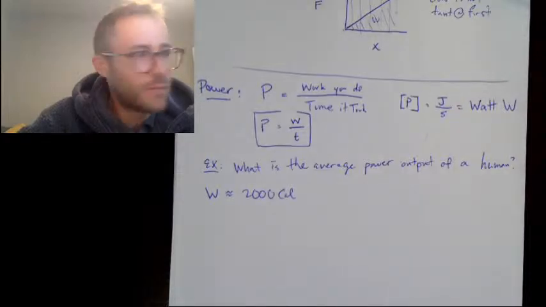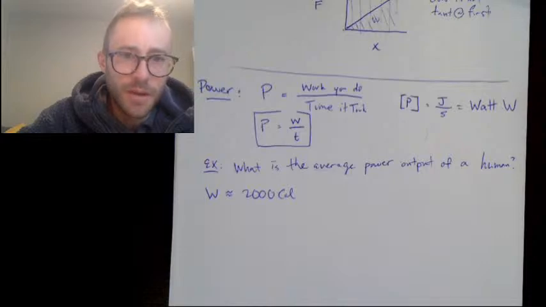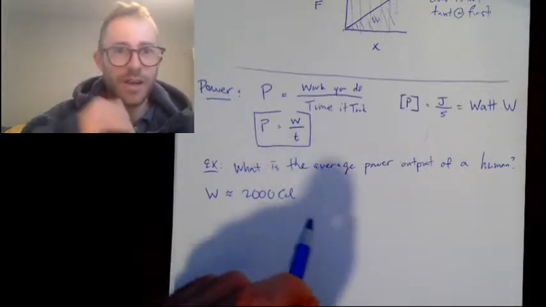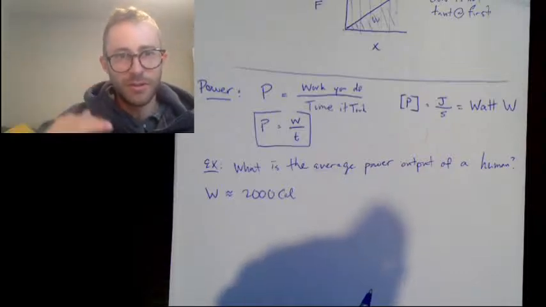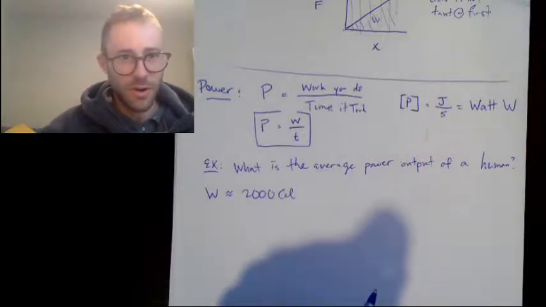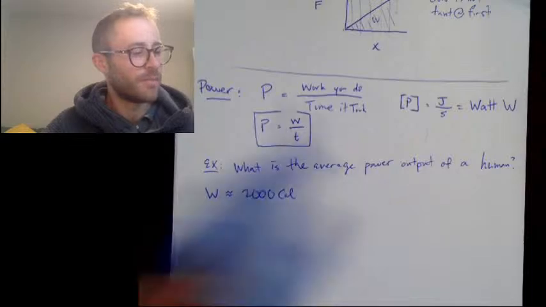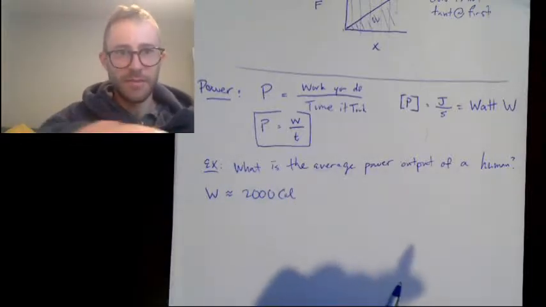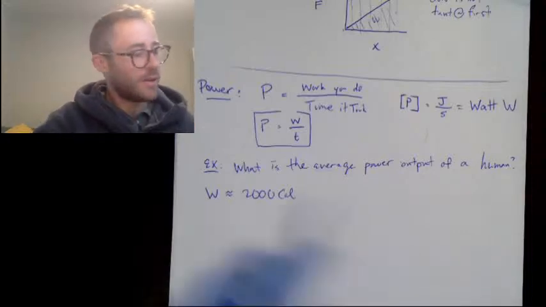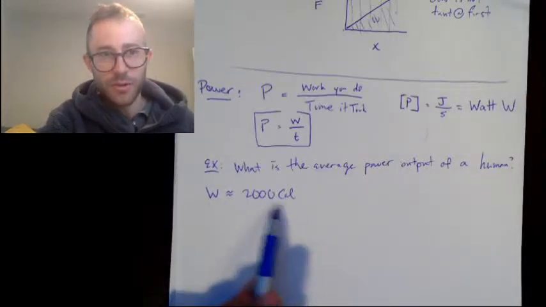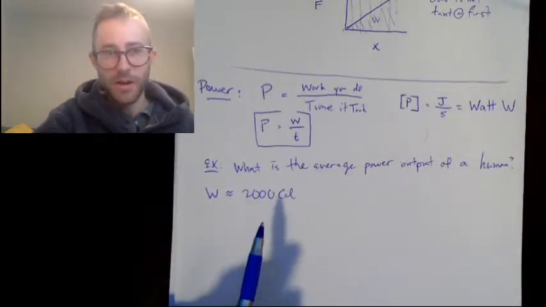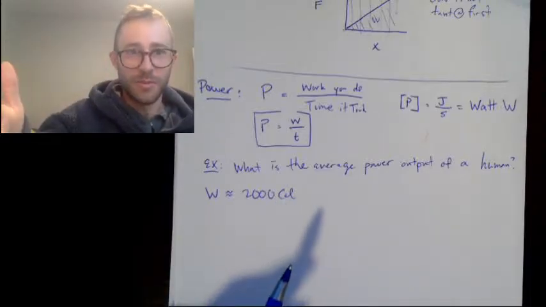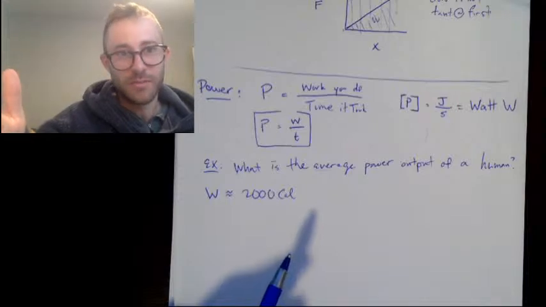So if you were doing more than 2,000 calories of work every day, then your energy reserves would be diminishing over time, and you would eventually starve. Okay, so assuming you have a steady amount of energy stored in your body, you are doing about 2,000 calories of work every day. The amount of food that you eat, the energy contained in that food, is equal to the amount of energy that you're using every day.